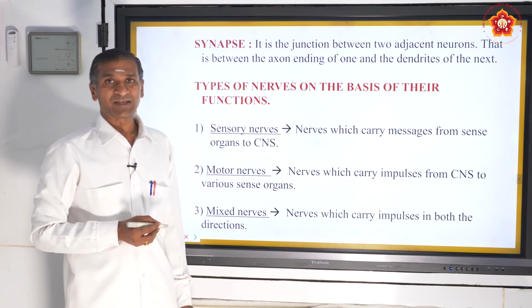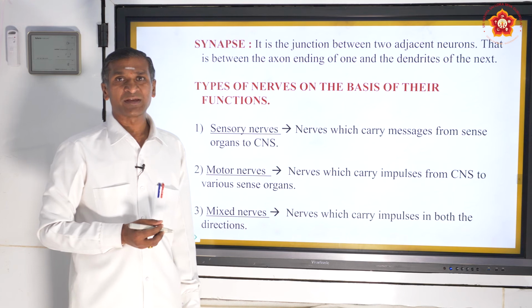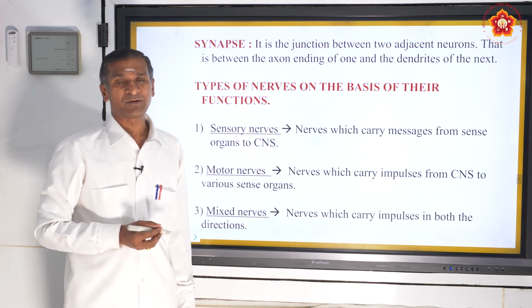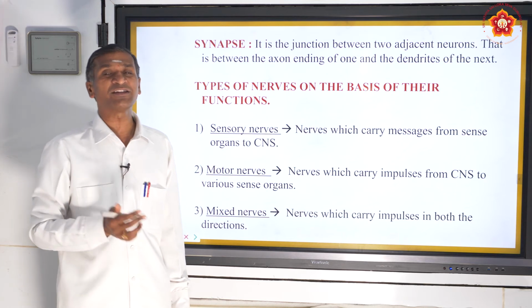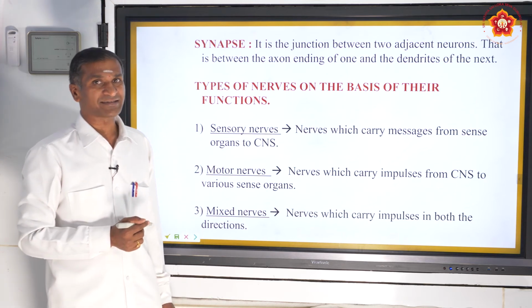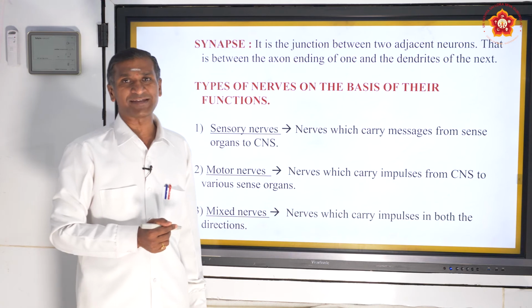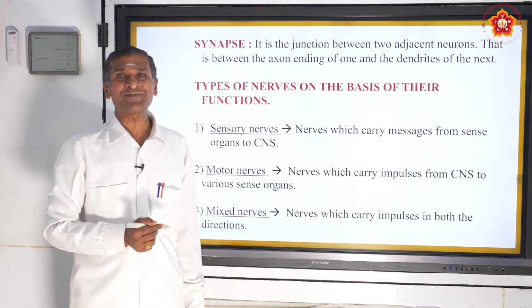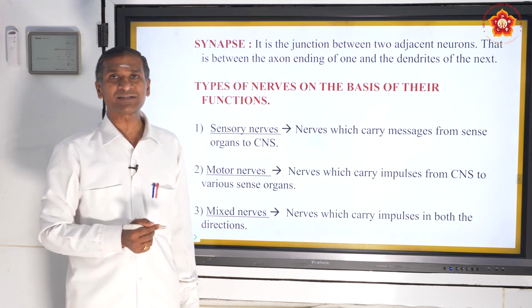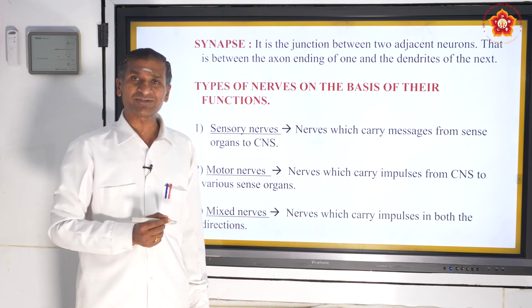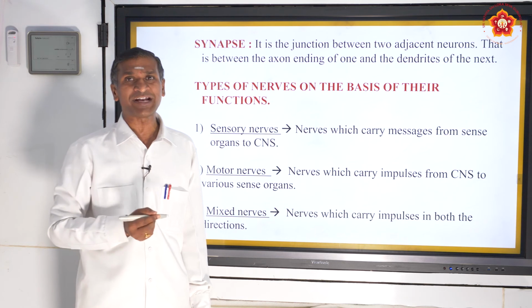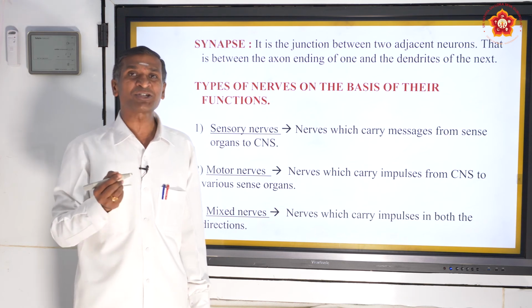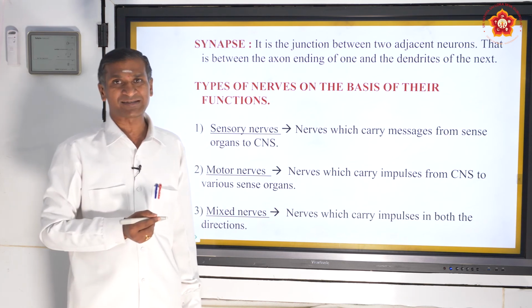Synapse. It is a junction between 2 neurons, where one neuron's axon combines with the other neuron's dendrites. What is the function of this? The axon, which has carried the responses in the form of electrical impulses, will stick on to the other neuron's dendrites and change to a chemical substance.